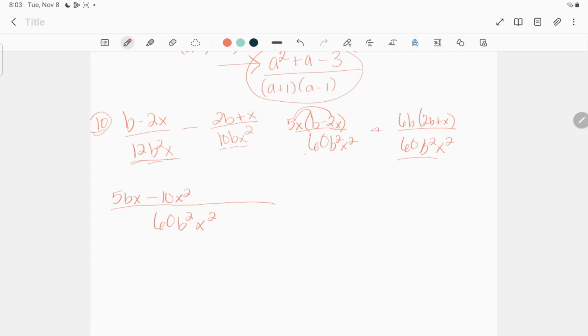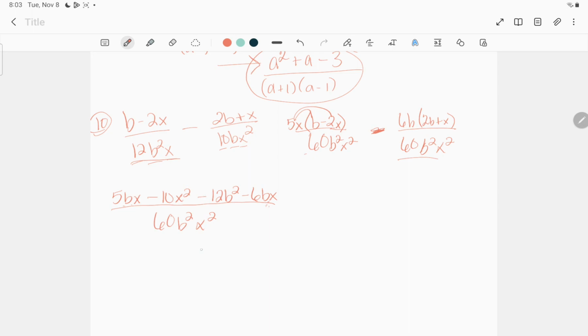Okay, so negative 6b times 2b is negative 12b squared. And negative 6b times x is negative 6bx. So here I'm going to combine like terms. So my only like terms are the bx's, 5bx and negative 6bx.